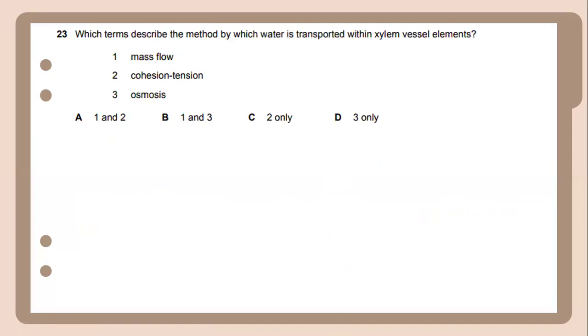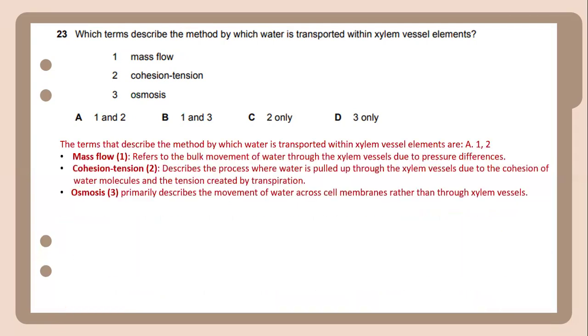Which term describes the method by which water is transported within xylem vessel elements? The terms that describe the method by which water is transported within xylem vessel elements are mass flow and cohesion tension. Mass flow refers to the bulk movement of water through the xylem vessels due to pressure differences.